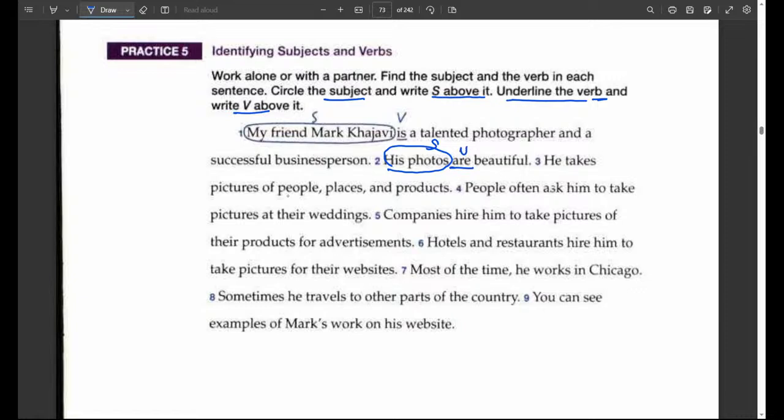He takes pictures of people, places, and products. He is the subject, takes is the verb. People often ask him to take pictures at their weddings. People is the subject, ask is the verb.